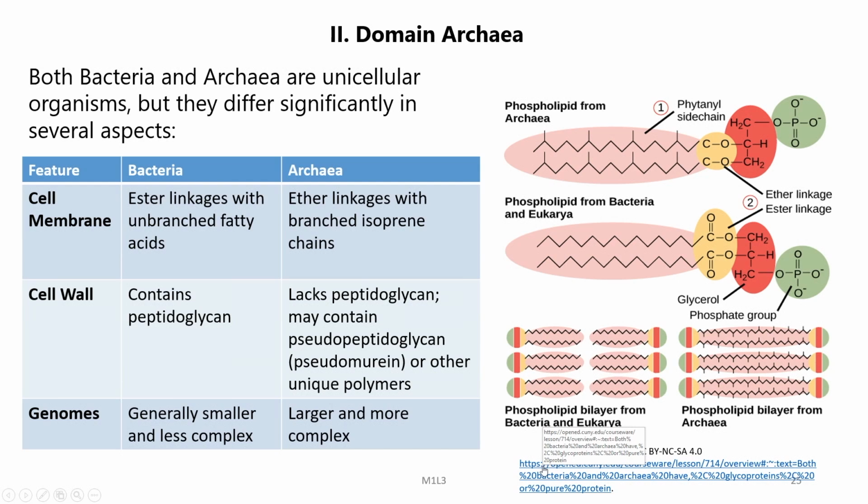Now, let us try to list these differences as mentioned in this table. If you take the cell membrane, as I have already told you, bacteria has ester linkages with unbranched fatty acids, while archaea has ether linkages with branched isoprene chains. In the cell wall, we have peptidoglycan in the case of bacteria, whereas archaea lacks peptidoglycan and may contain pseudopeptidoglycan or other unique polymers.